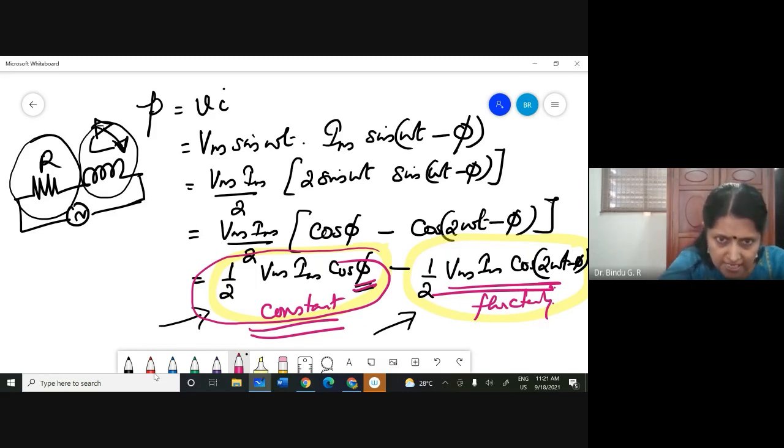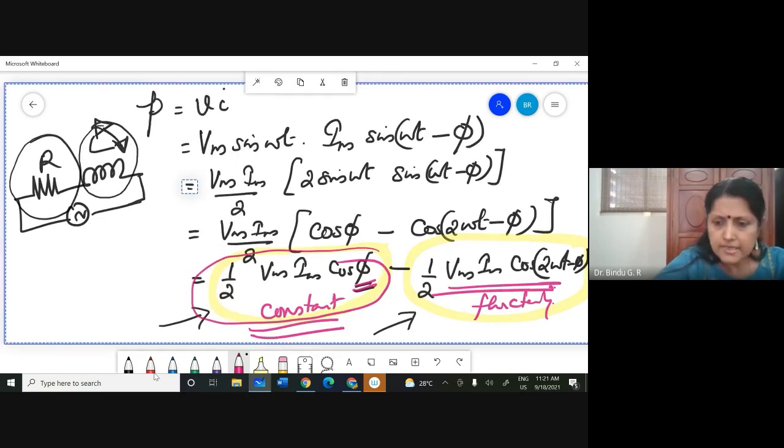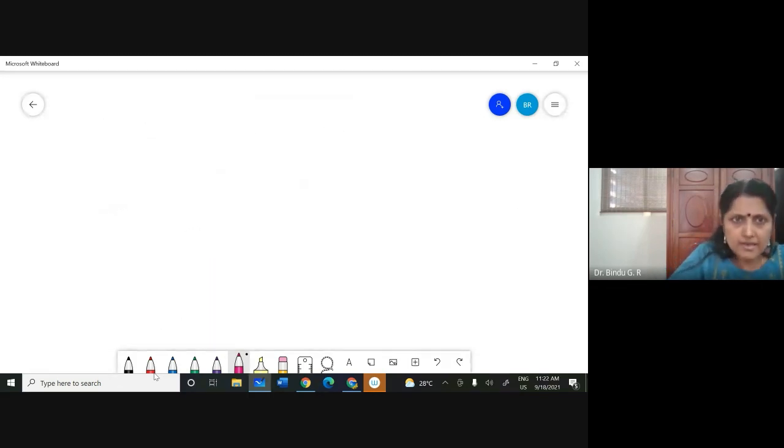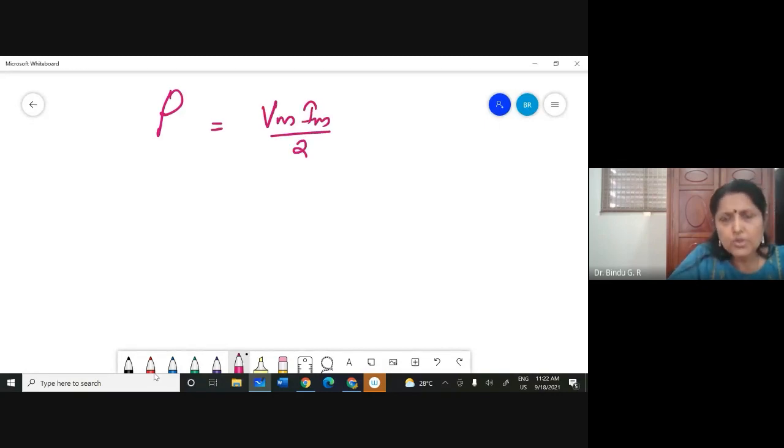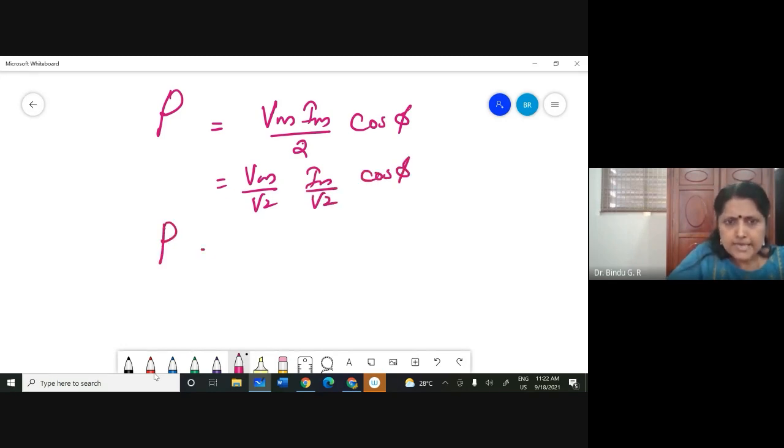Now, if I take that component alone outside, very interestingly, this is what we have. Power consumed, capital P, is Vm Im by 2 cos phi. Vm Im by 2 I can write as Vm by root 2 times Im by root 2 times cos phi, or P is equal to VI cos phi.